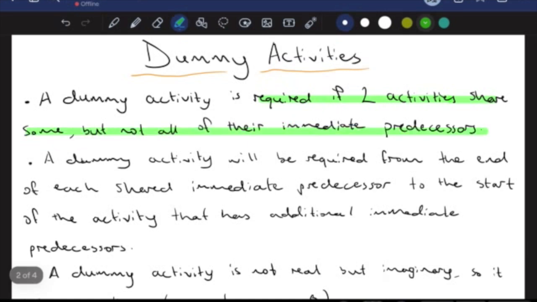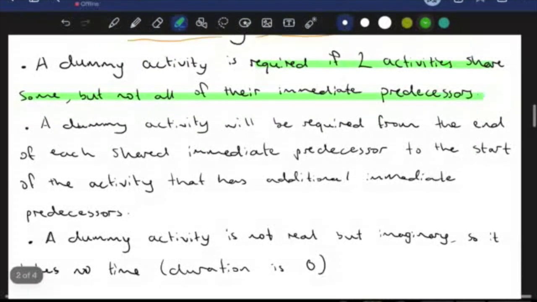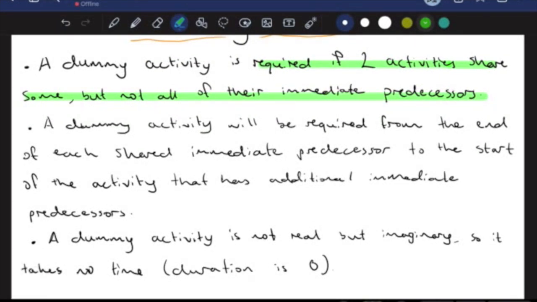Now we're going to see what this actually looks like on an activity table and on a network diagram. But we're going to come back to this point in a little bit. Now the way we actually draw this is it will be required from the end of each shared immediate predecessor to the start of this activity we mentioned before that has an additional immediate predecessor.